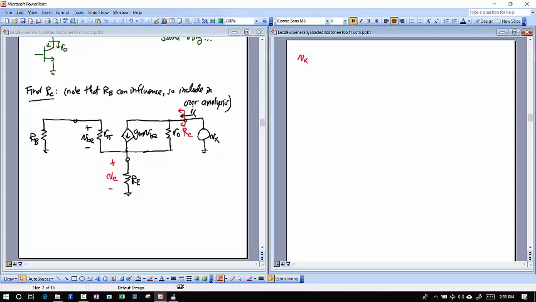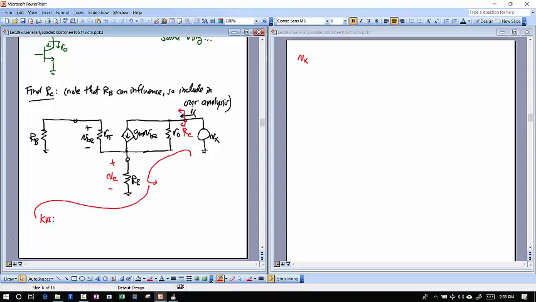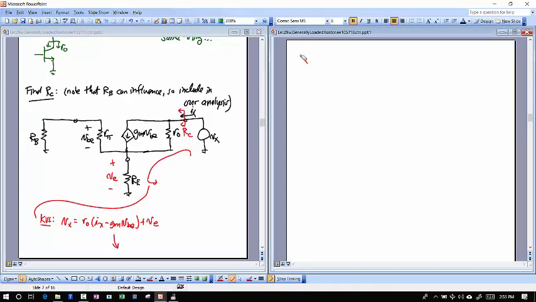If I take a KVL around here, then Vx is going to be equal to whatever voltage drop I have across R naught. So that'll be R naught times whatever current is flowing through it. And the current that flows through R naught is going to be Ix minus gm times VBE from that current source there. And then I have to add to that my voltage VE.